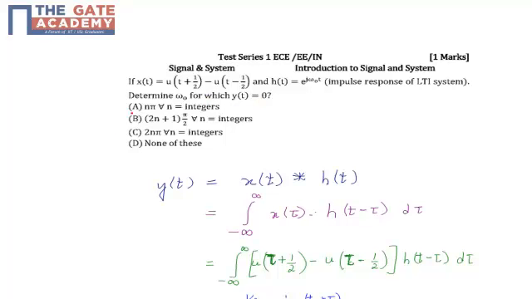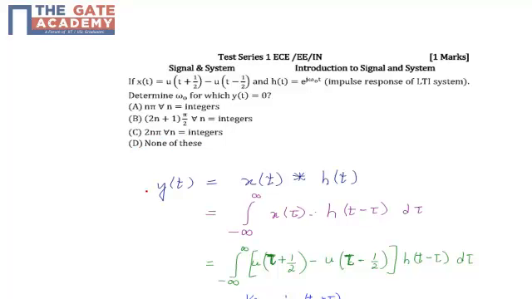The options given are: option A is n pi for all n equal to integers, option B is (2n + 1) times pi by 2 for all n equal to integers, option C is 2n pi for all n equal to integers, and option D is none of these.